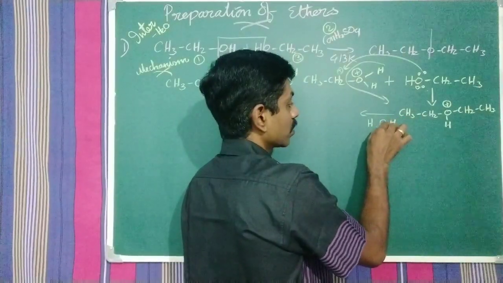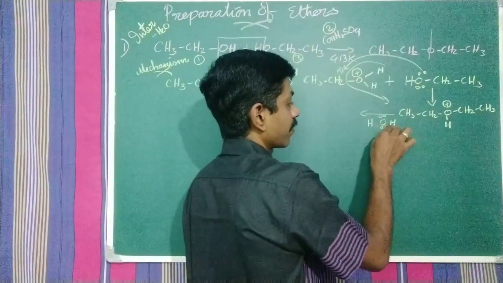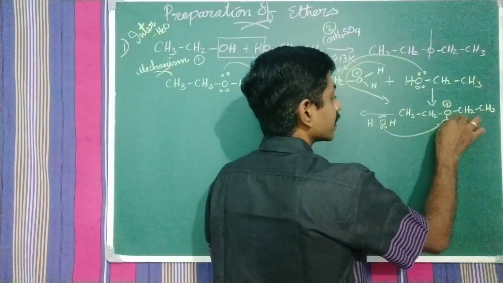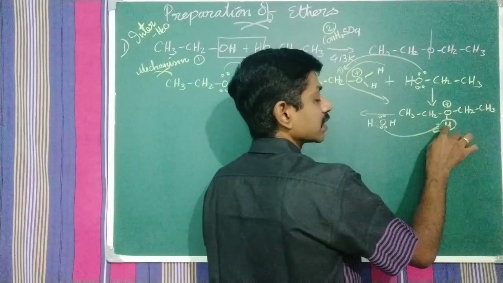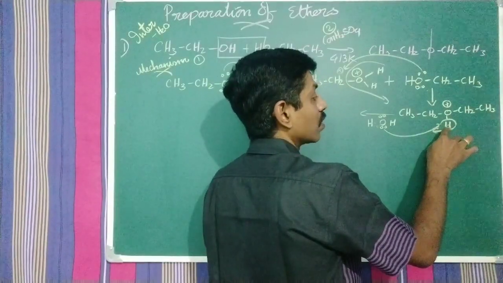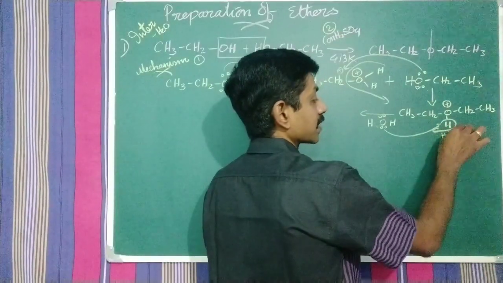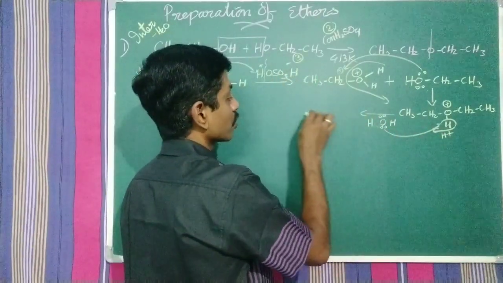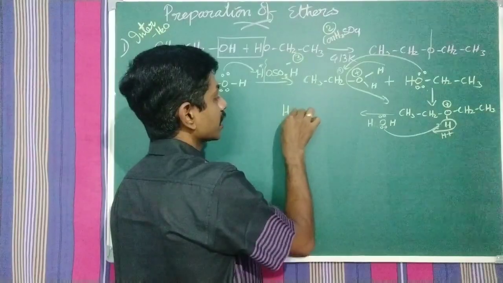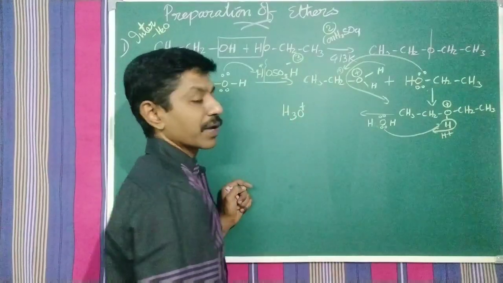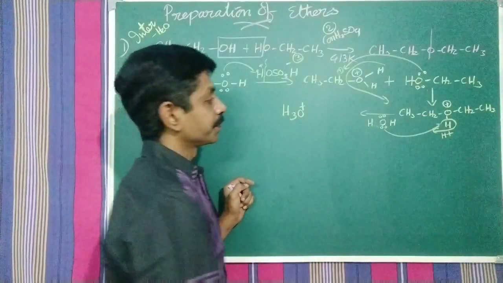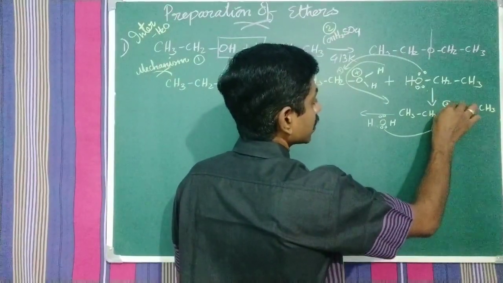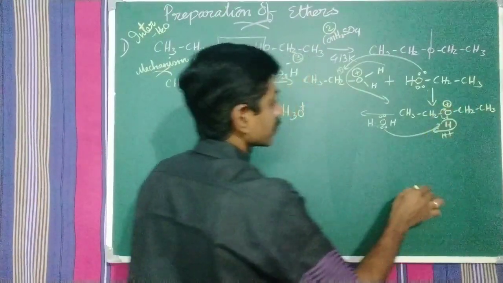So this oxygen again has a lone pair of electrons. It goes and forms a bond with this hydrogen. So the hydrogen comes without electrons, so it will come out as H plus. So the H plus and the H2O join together to form H3O plus, that is the hydronium ion, as one of the products. Now this pair of electrons goes over to the oxygen atom to neutralize the positive charge.